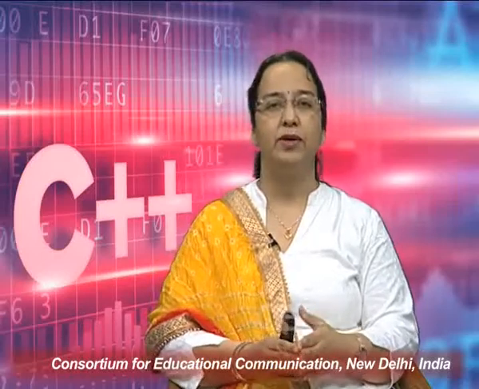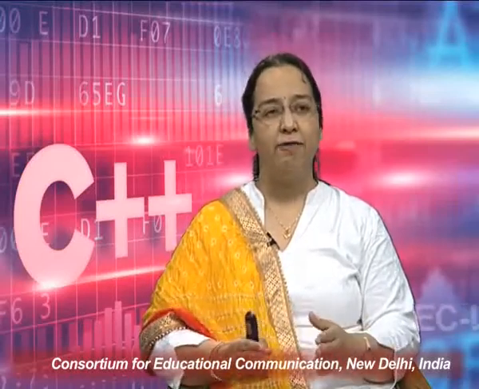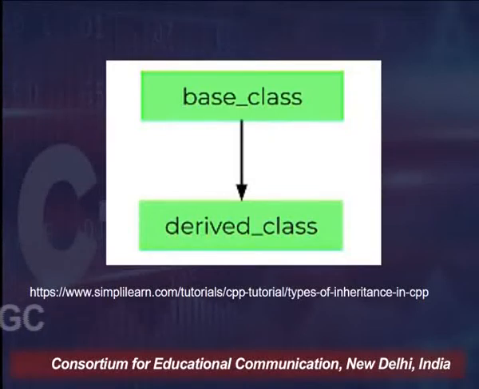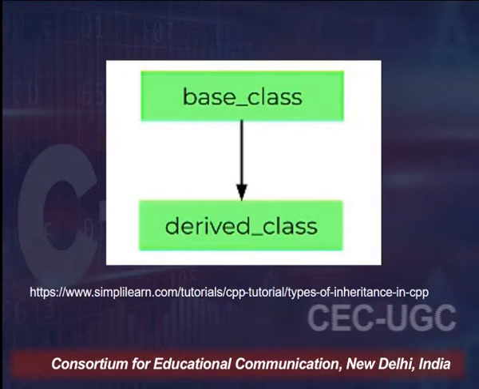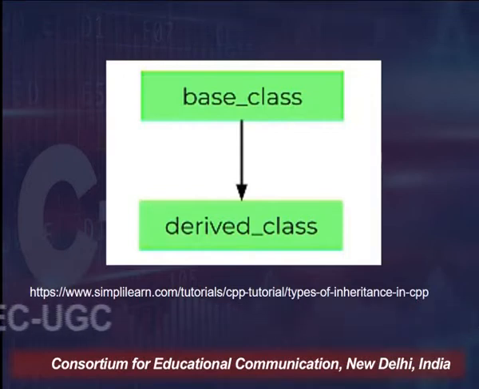If we see it in the form of a figure, this is the most fundamental: we have one base class and then its features are derived into the derived class. That's the most basic way to represent single inheritance using a figure.